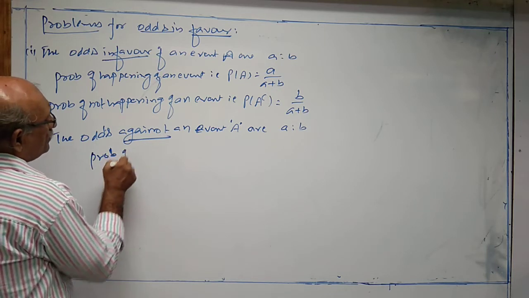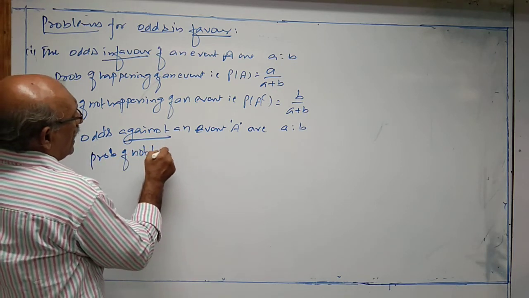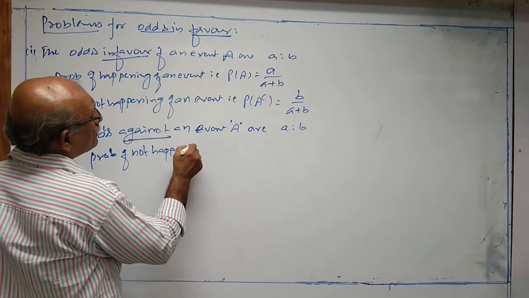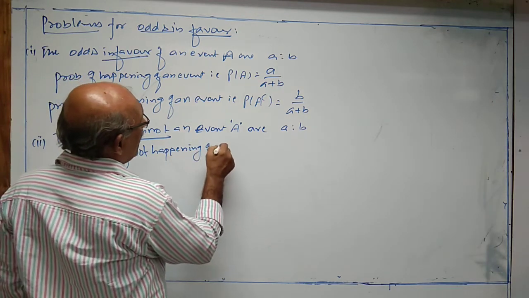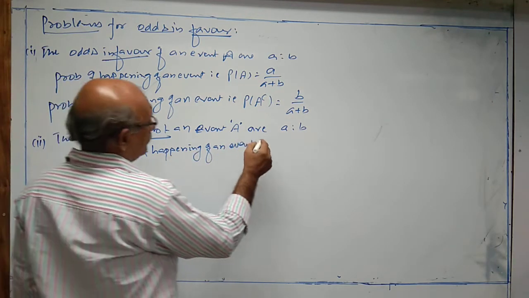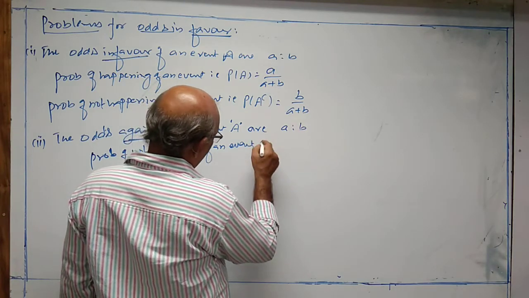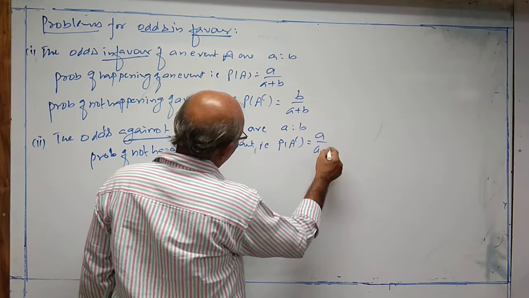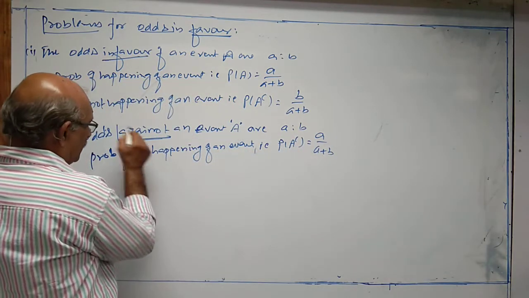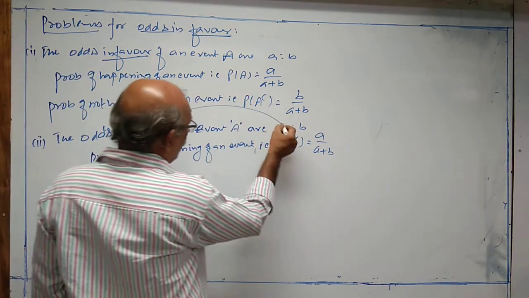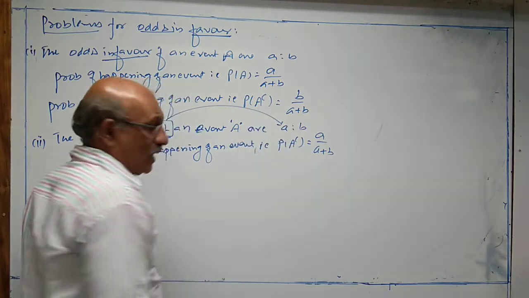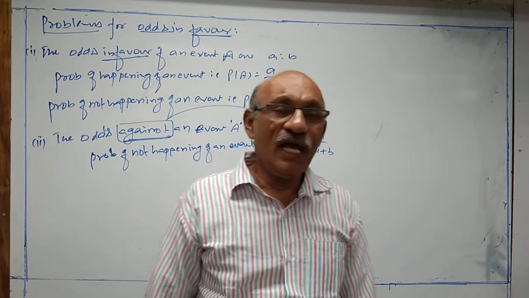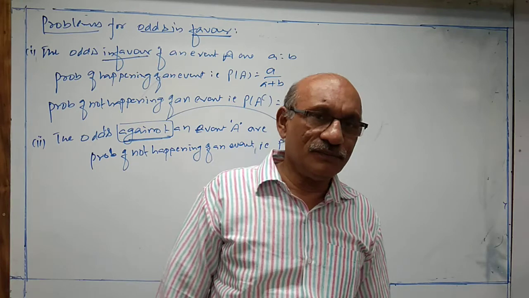So how can I write? Probability of not happening of an event, that is P of A complement, is a by a plus b, because it is against. A cases are against and b cases are in favor.